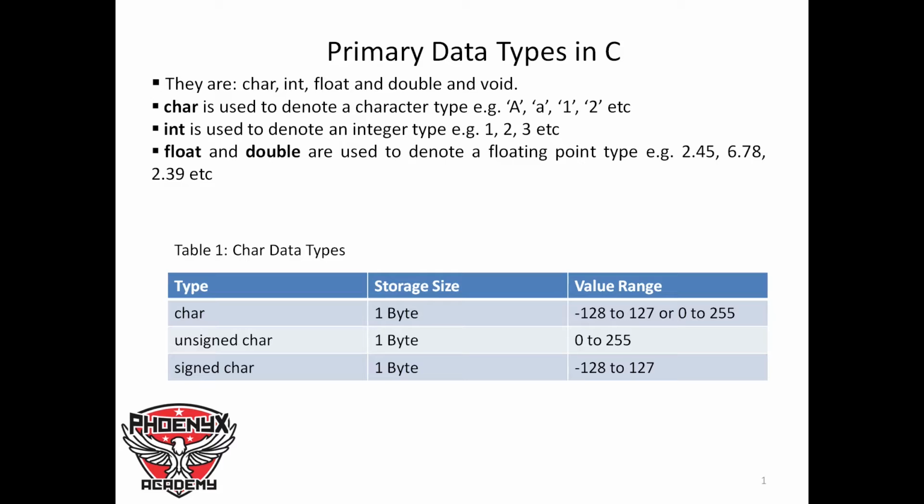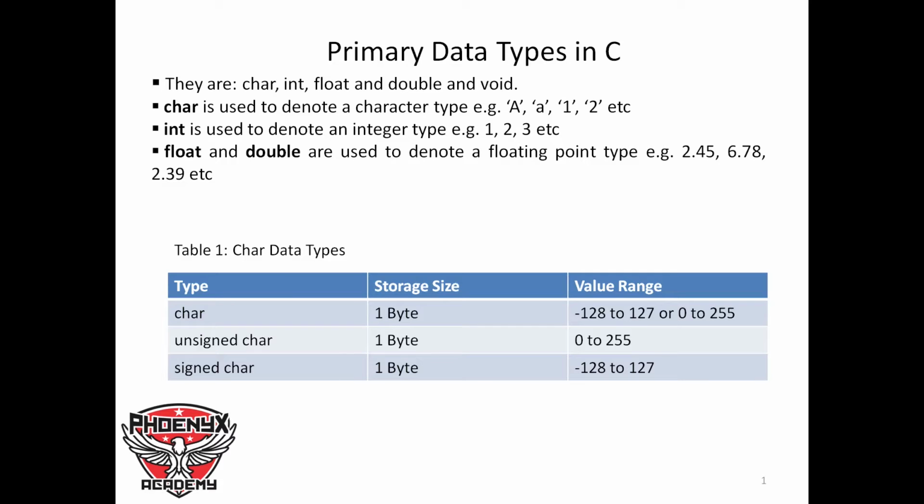In this table, Table 1, we have the character data types, the storage size, and the value range. For char, the storage size is 1 byte, and the value range could be -128 to +127, or 0 to 255, depending on the type of character.